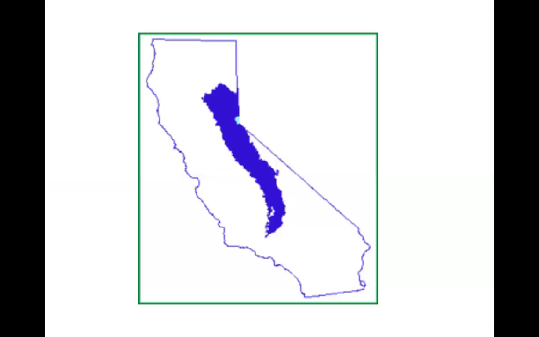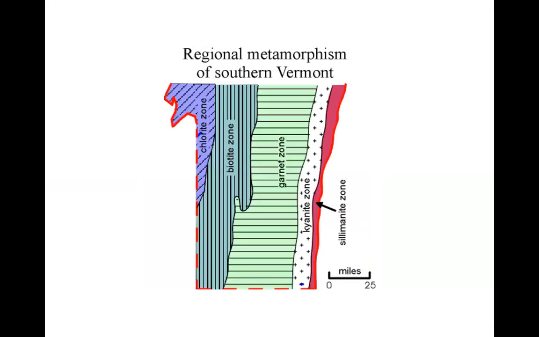The size of those granites in the Sierra in California are actually this big. This is called the Sierra Nevada Mountains. This is the Sierra Nevada batholith. The batholith is basically just an accumulation of giant blobs of magma, of melt, that's solidified to a solid inside the Earth's crust.